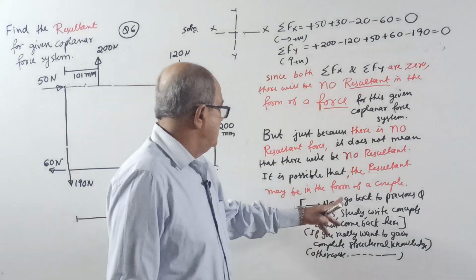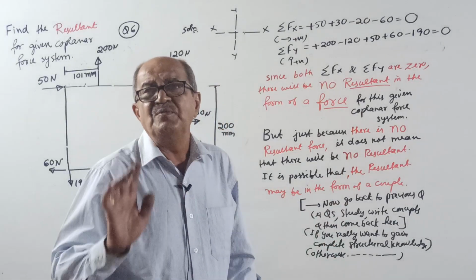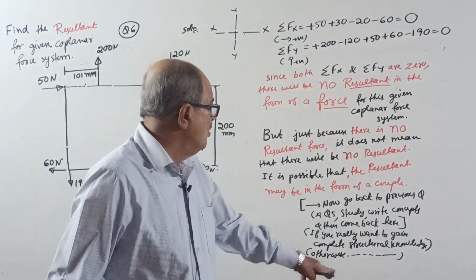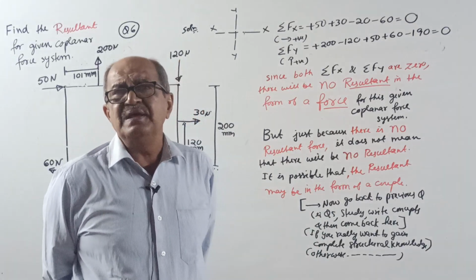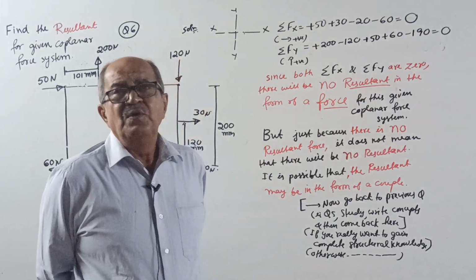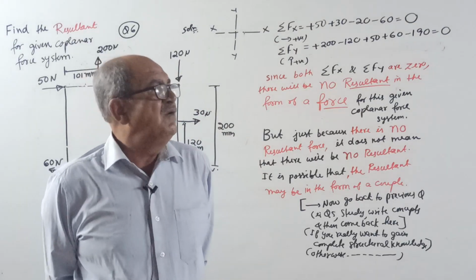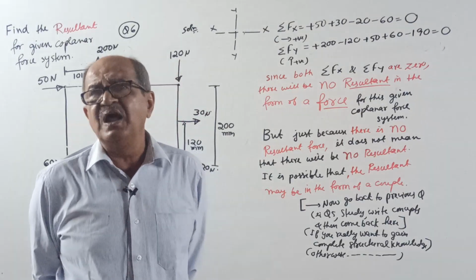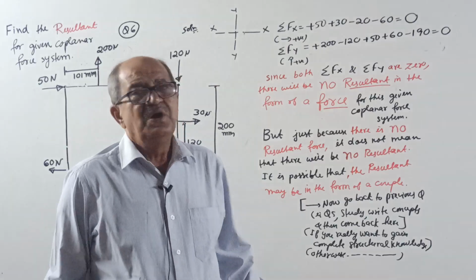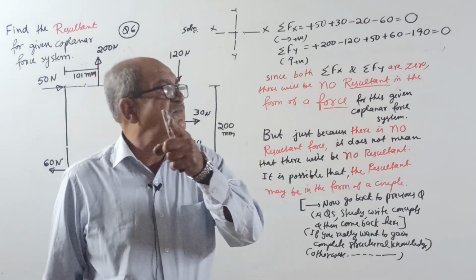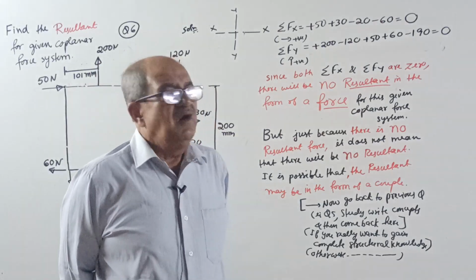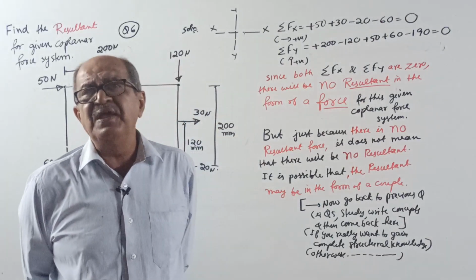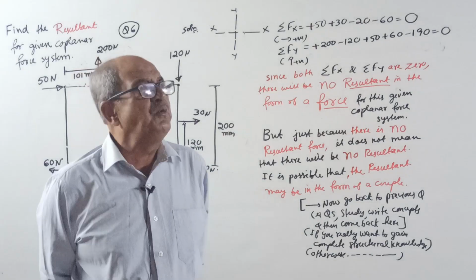Now, I will dictate something. Write it separately here. For a coplanar force system, our first priority is always the resultant force. Later, one more class is there for the same concept, and I will explain more there. Our first priority is finding the resultant in the form of a force.